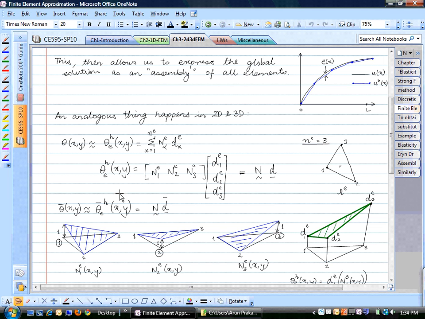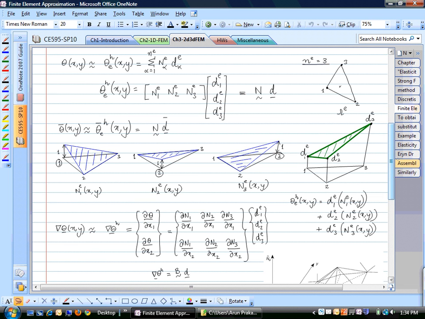And we can approximate our solution, this is the temperature field within the element. So you go to any point x, y within the element, you can calculate the approximate value of temperature at that point, any point within the element, using this expression. And we also saw that what this really physically means is that we have expressed the temperature field over the element in terms of its nodal values.